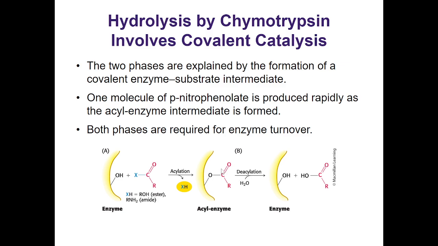We will then have what's called deacylation that will happen to end this reaction. So the deacylation will be where we add water across this to lyse that bond, freeing our enzyme and typically our product. Okay?